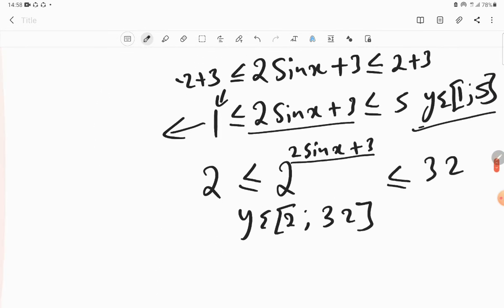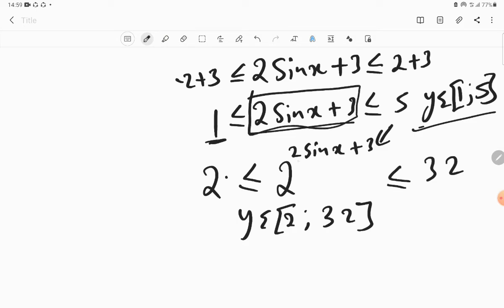The minimum value of this function is 2, because the minimum value of the exponent is 1. You can't put any number which is less than 1, because the exponent doesn't take any value less than 1.